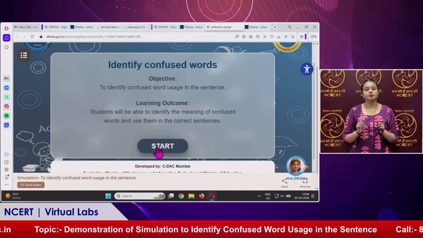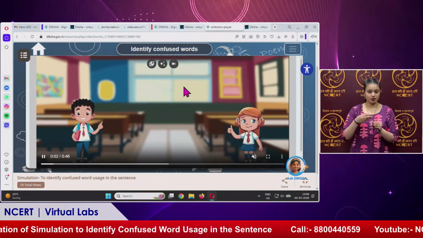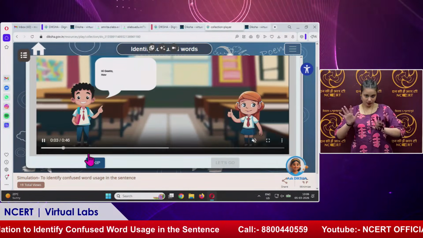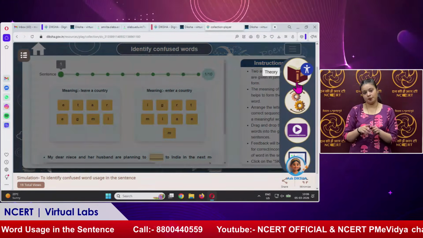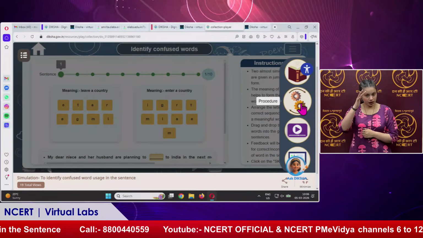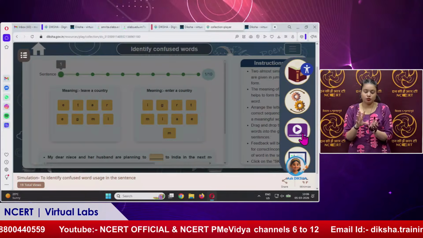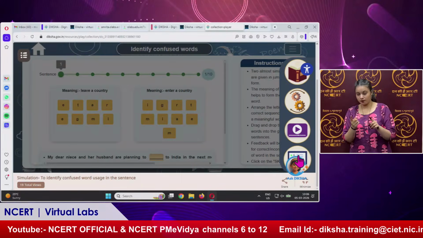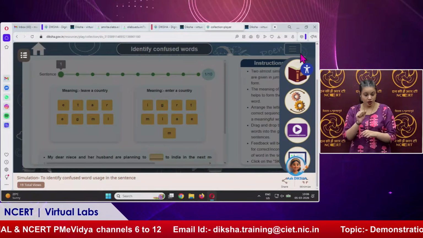So here are the set of instructions. Then there's an animation which explains what it will be, which we are already explaining, so we'll not go into it. Then there's a theory portion, a procedure portion, how to use, which we'll show you, and then eventually there's a viva to check how much we've learned.